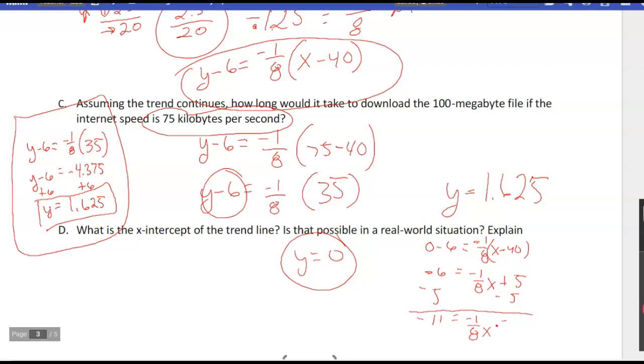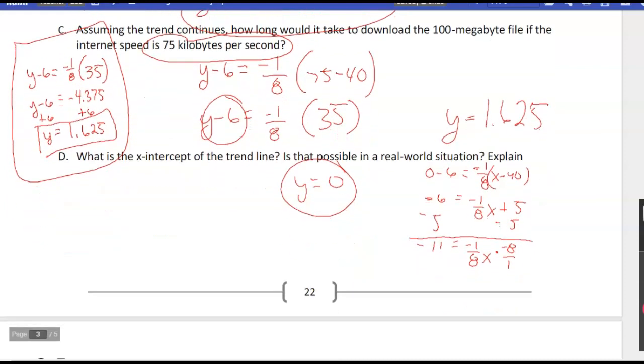You multiply by the opposite. And you get an answer of, so those cancel there, x equals 88.